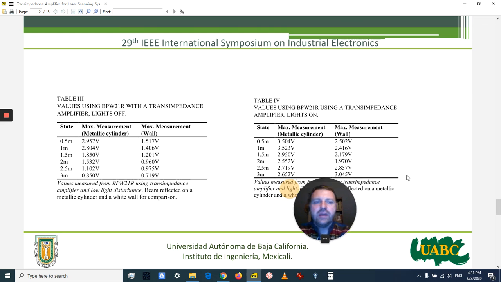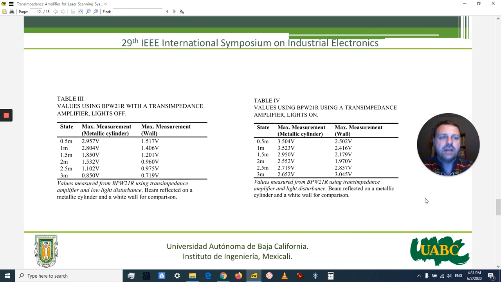Next, we did an experiment using the same sensor, turning the lights in our laboratory on or off, because this highly influences the measurement results, as there is obviously some kind of light disturbance of our sensor. So we did two different experiments.